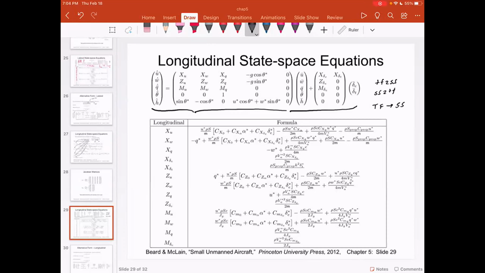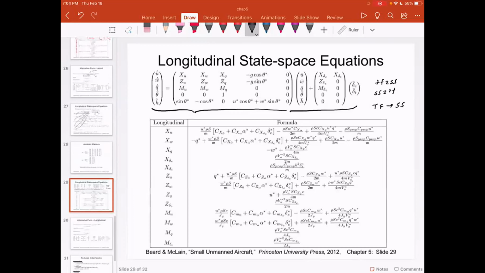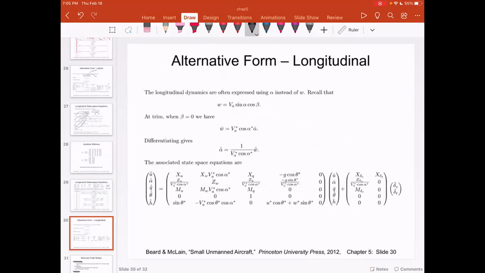So the state space representation and transfer function representation can be used for controller design, and I will try to show you design of controller using both implementations. But try to understand, at the end of the day, we have these 12 nonlinear equations and we are coming up with some linear approximations.